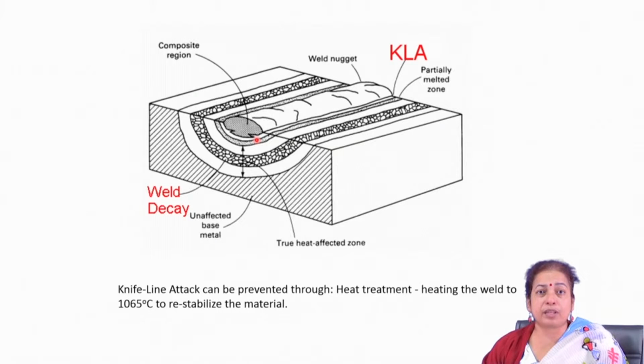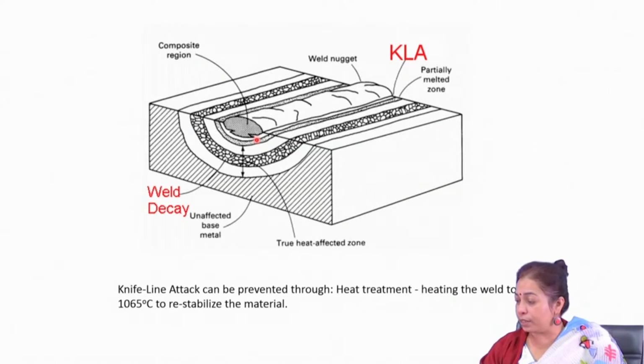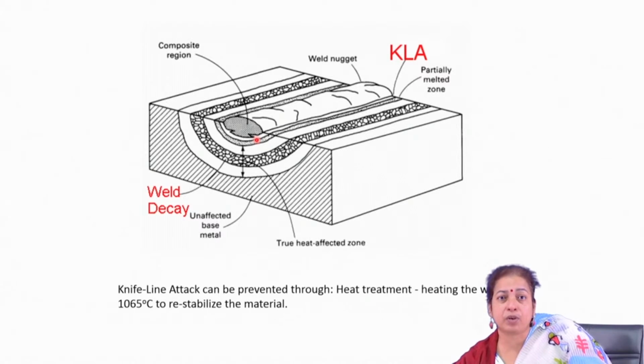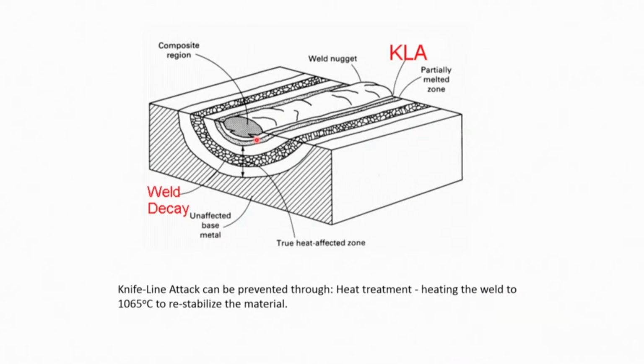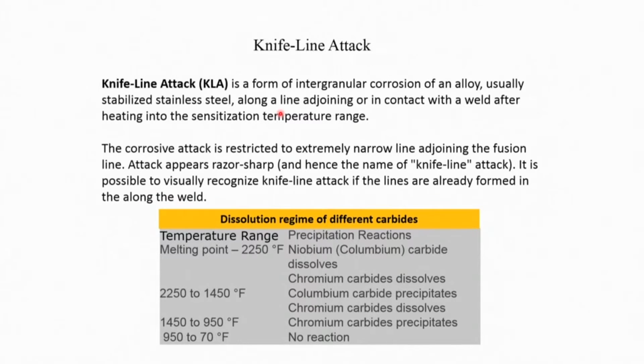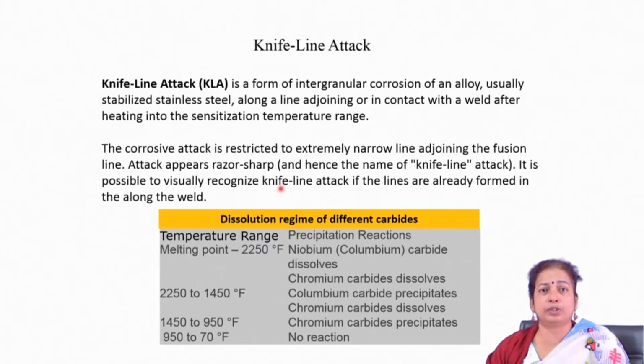So, in this particular case, for stabilized steel, where you add columbium, titanium, niobium, these elements for carbide formation go into solution whenever you do welding. So, in the weld zone there is no problem, but their precipitation temperature is a little lower than the melting temperature of the metal, but obviously a little higher than the chromium carbide precipitation temperature.